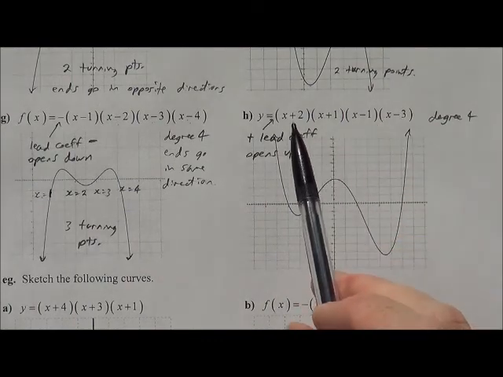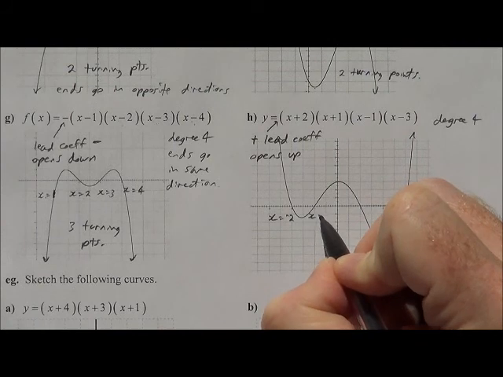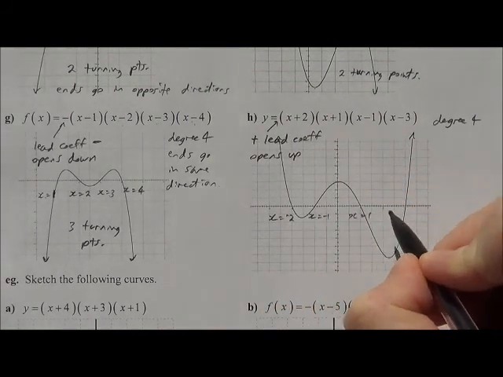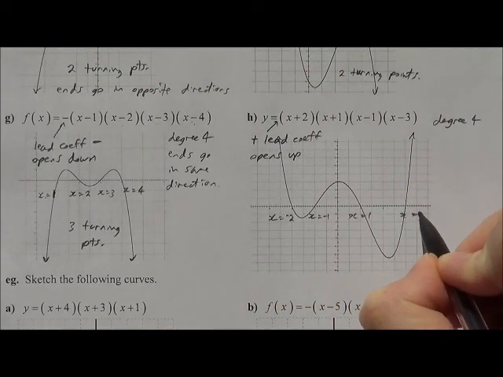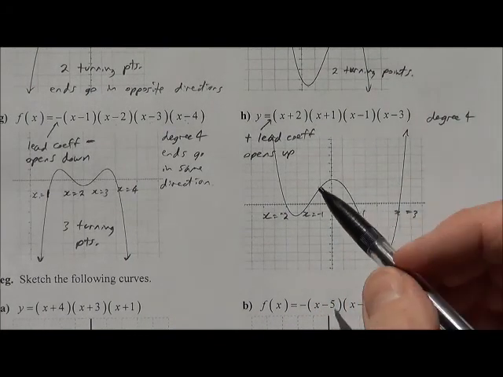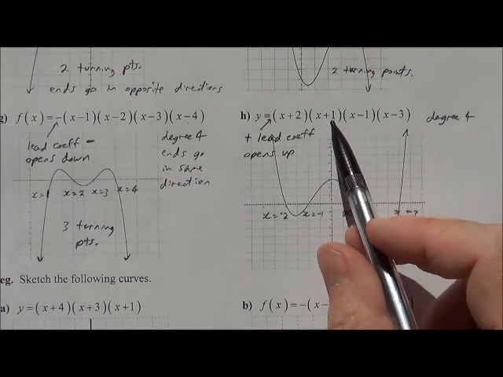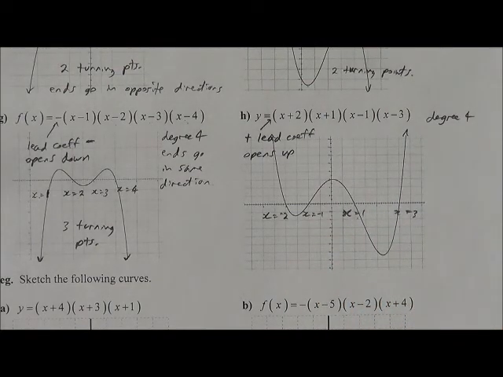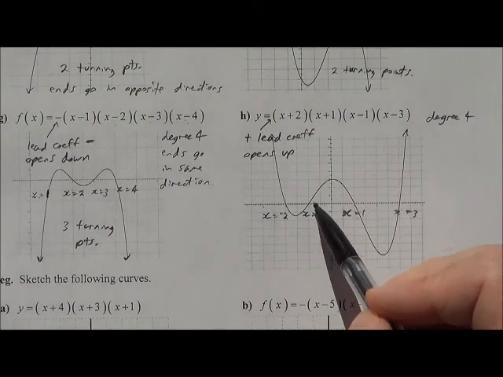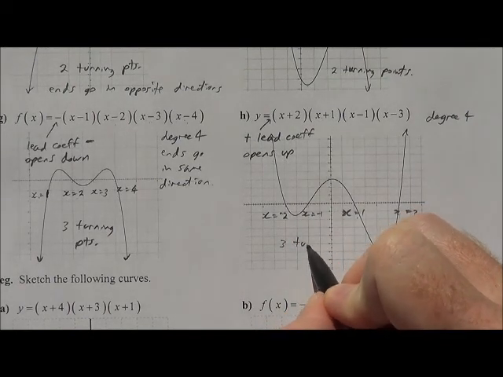And the zeros, we've got zeros of x equals negative 2, x equals negative 1, x equals 1, and x equals 3, corresponding with the factors of x plus 2, x plus 1, x minus 1, and x minus 3. And again, 1, 2, 3 turning points.